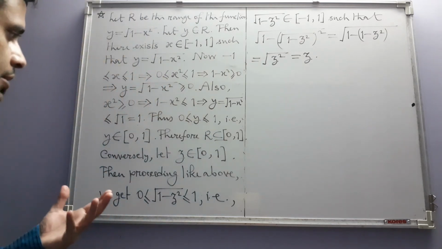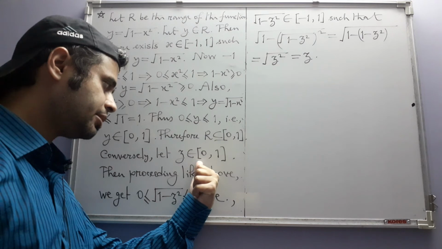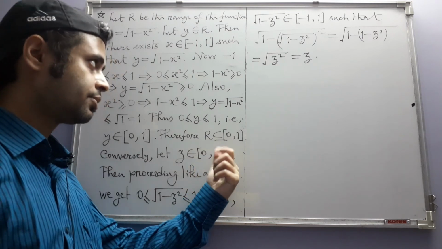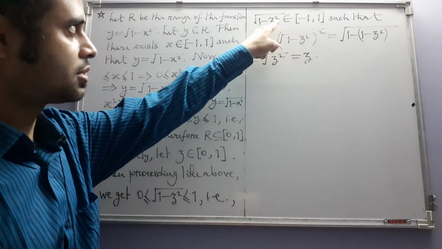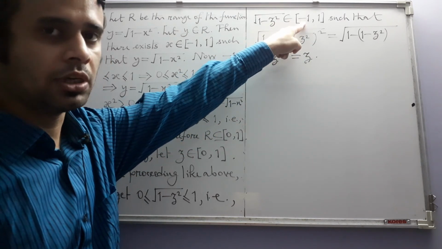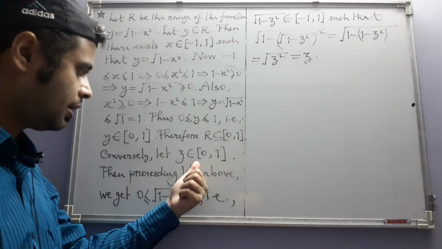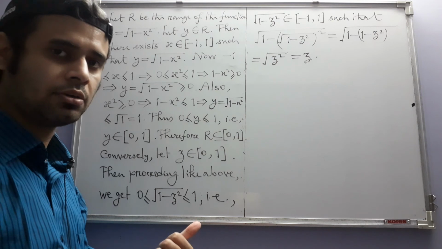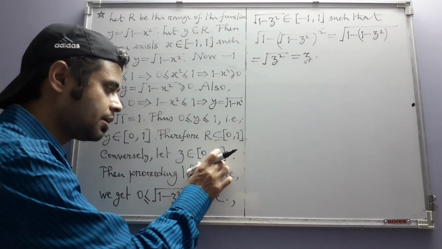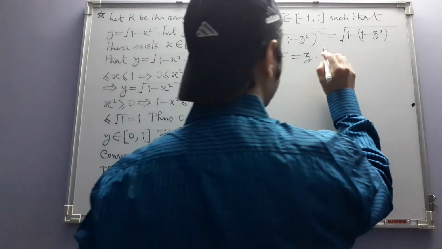So what does it tell us? It tells us that any element in this interval appears as the output of some input in the domain under our function. So every point in this interval is an output for our function. So this interval is contained in the range of the function.